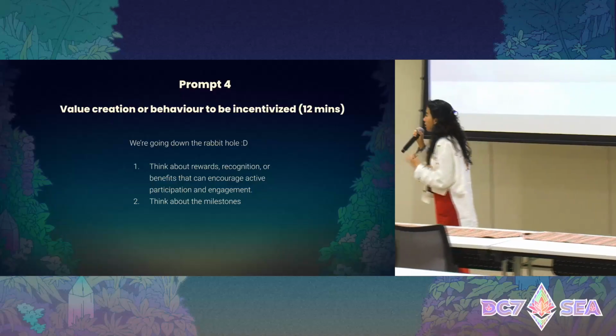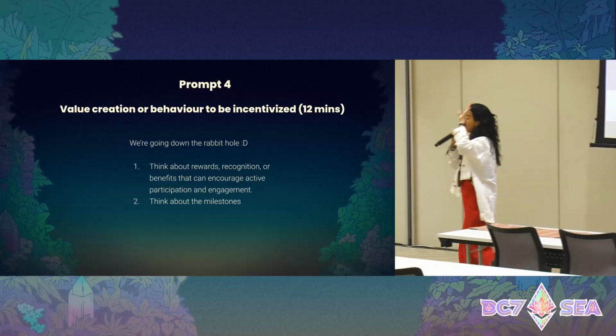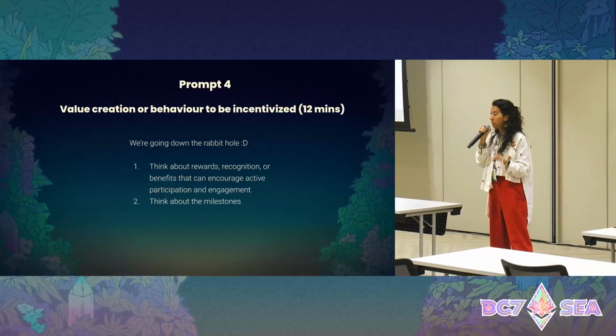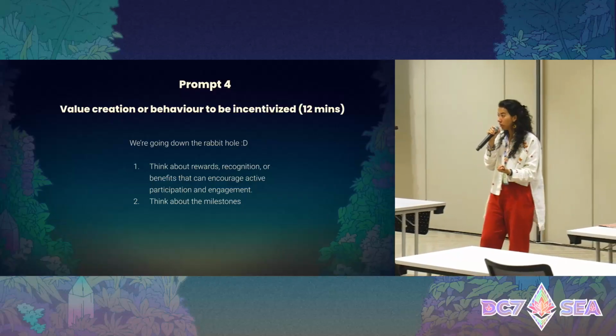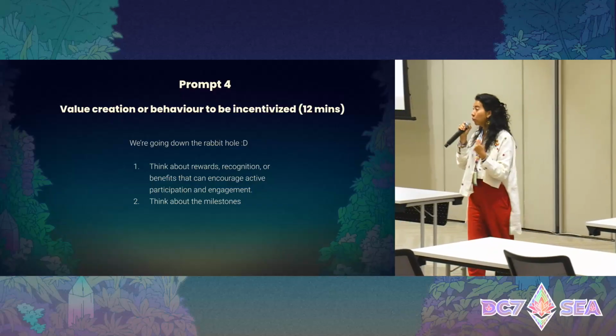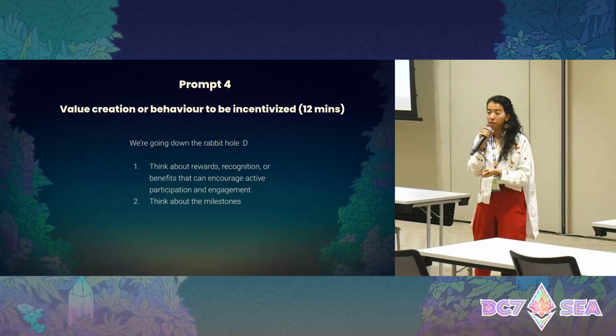Because this part is going to help us identify the data and the metrics that we can use to measure the types of behaviors that people have already completed and that we could reward in the round.